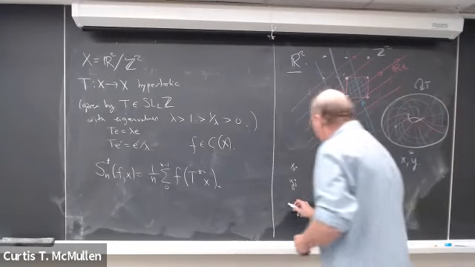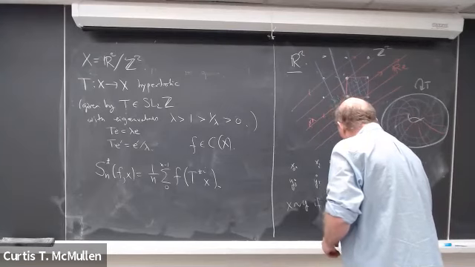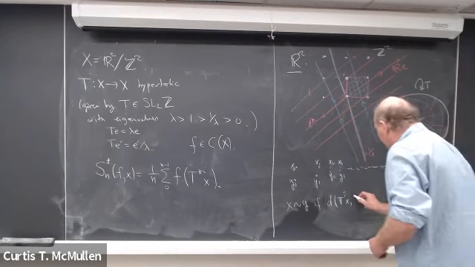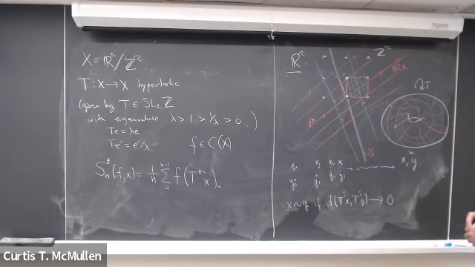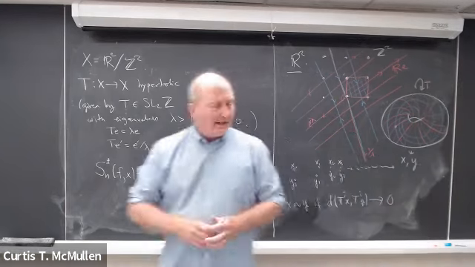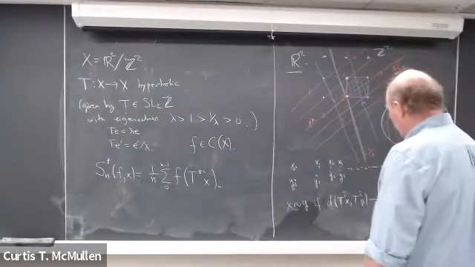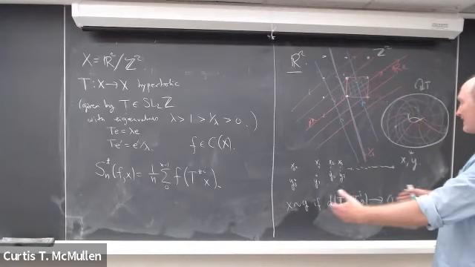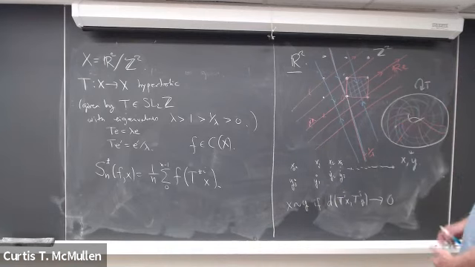So we say x is equivalent to y if in forward time, T^i of x and T^i of y converge. Not that they converge to the same thing, but that they converge to each other. They get closer and closer together. And when x is equivalent to y, we can now take our torus and break it into the equivalence classes for this relationship of being asymptotic in forward time.